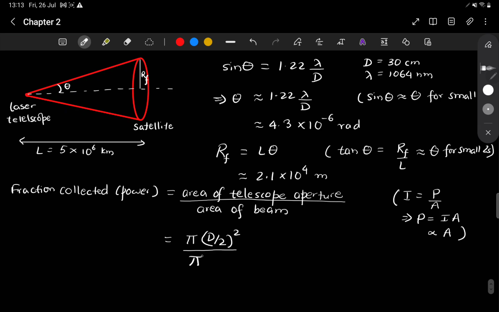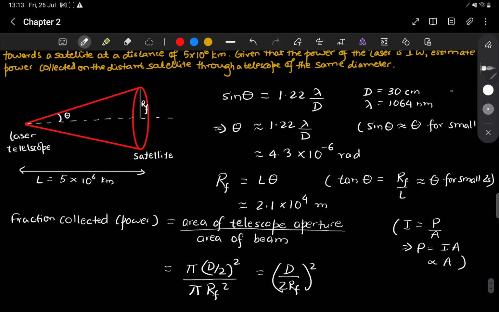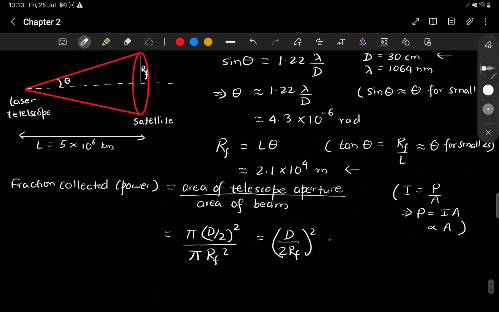So that is pi times RF squared. So pi will cancel out. This gives us D over 2 times RF, whole squared. If we put in the values of D, given, and RF, which we calculated, we get approximately 4.8 into 10 to the power minus 11.